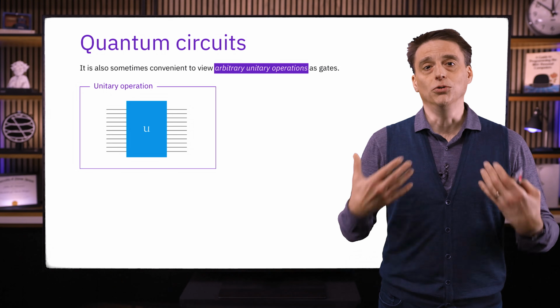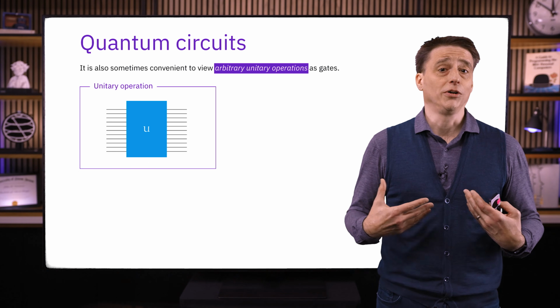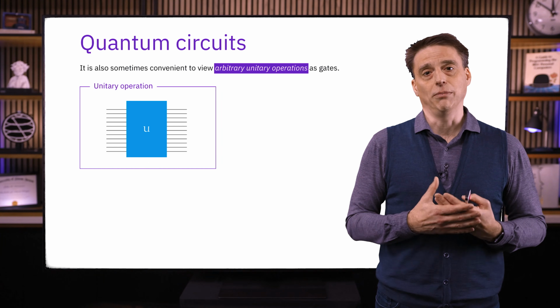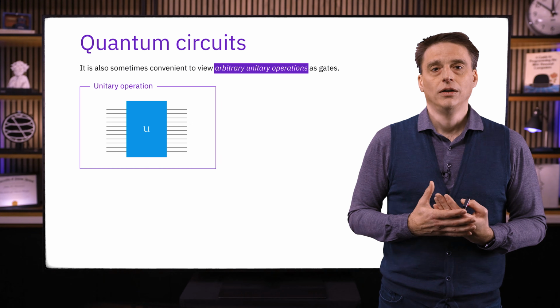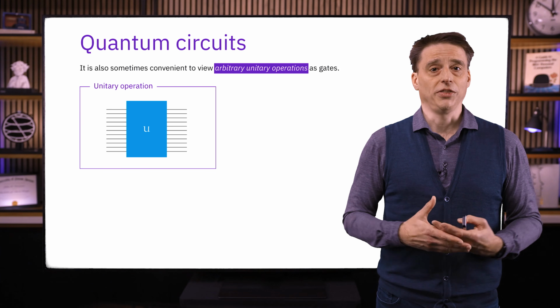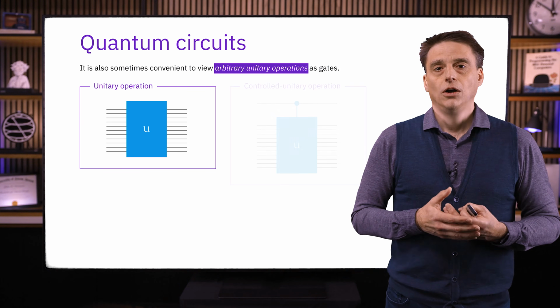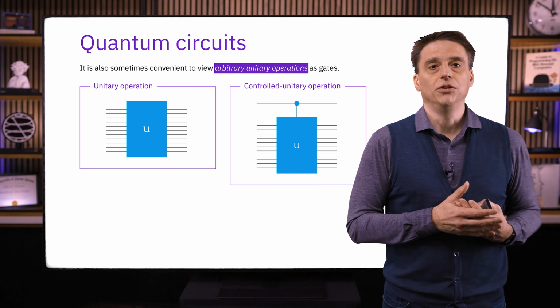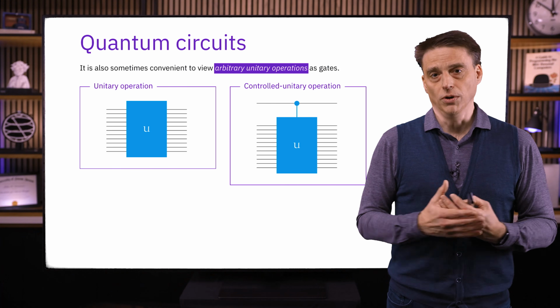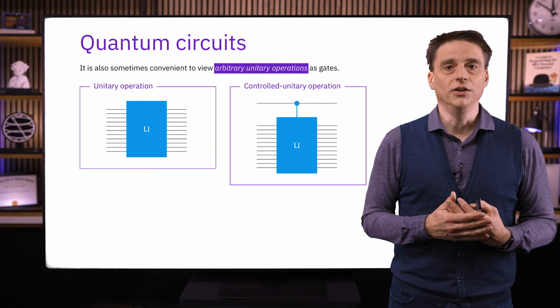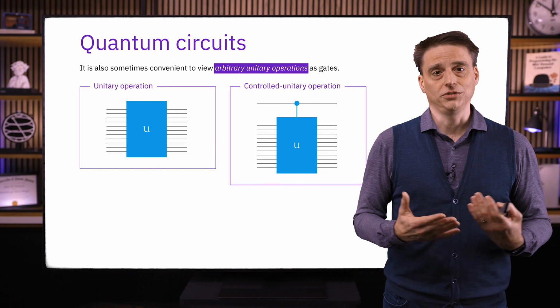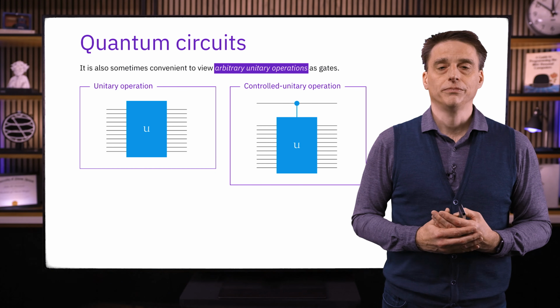We have to assume that U is defined somehow, or that we're considering some arbitrary unitary operation U, perhaps. It could be, for example, that we just want to think about U as if it's a subroutine in the interest of clarity. We also use this notation that you see right here for a controlled U operation, where the control qubit is indicated by a solid circle, just like we had before.